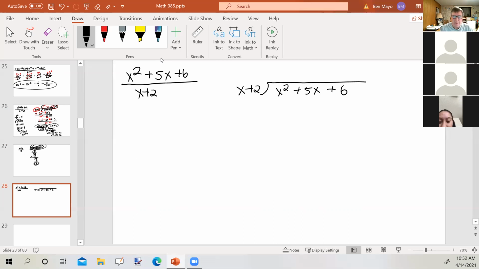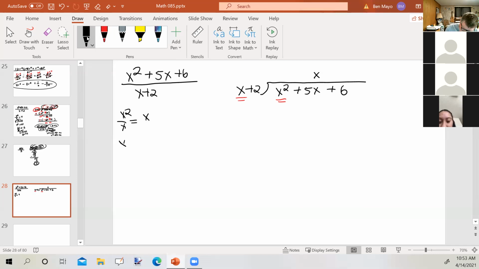All right. The inside and the outside are both in descending powers, or standard form. So now I'm going to focus on dividing the leading term inside by the leading term outside. x squared divided by x would be x. And I'm going to put that over here in the appropriate column.